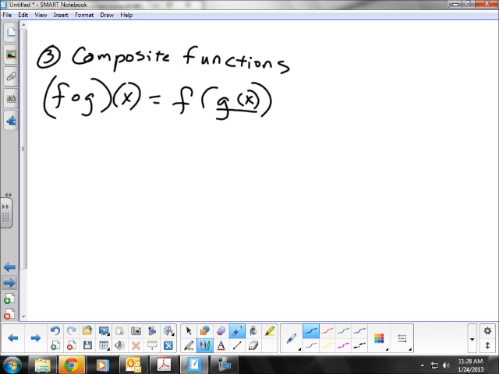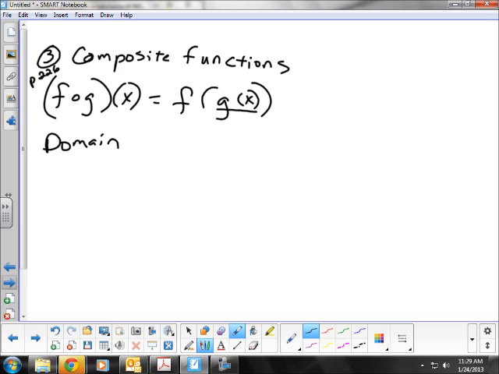So this is the definition for composition. It means that we're going to take the G of X function and replace X in F with it. And we need to talk about the domain. This is in a blue box on page 226, if you want to look at it with me.